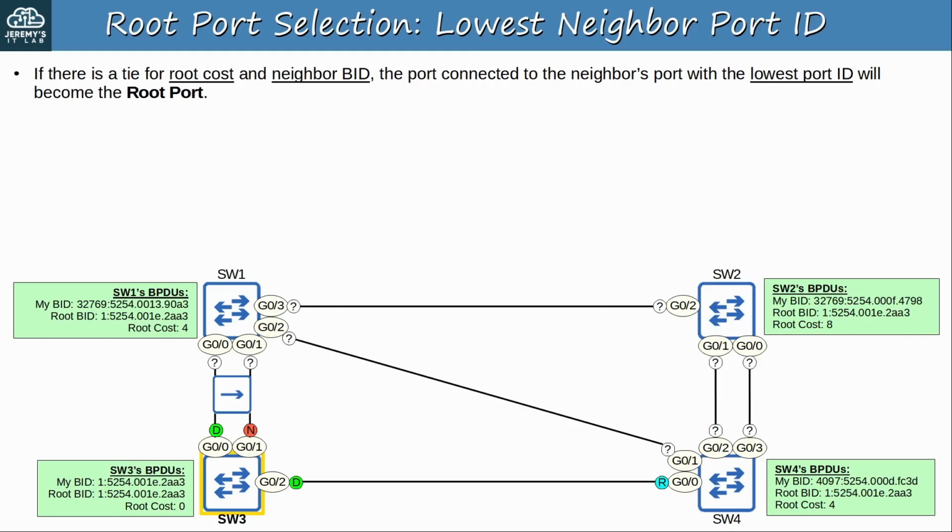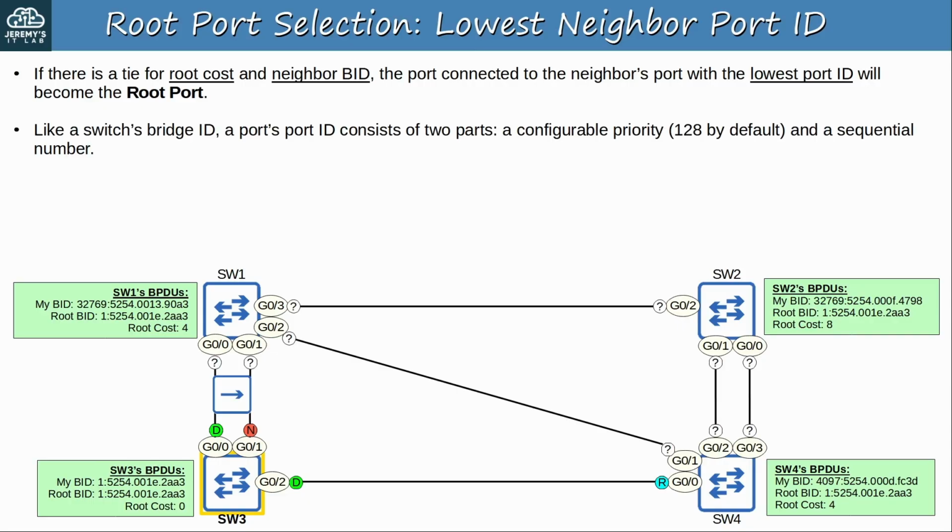If there is a tie for root cost and neighbor bridge ID, the port connected to the neighbor's port with the lowest port ID will become the root port. Note that we're comparing the neighbor's port IDs here, not the local port IDs. Like a switch's bridge ID, a port's port ID consists of two parts: a configurable priority, which is 128 by default, and a sequential number.